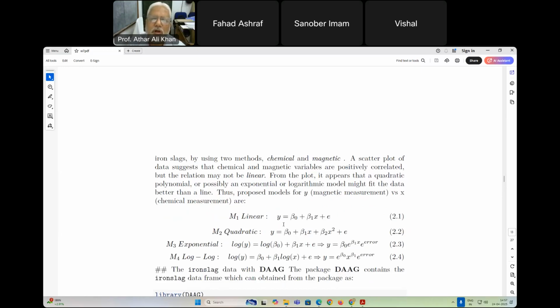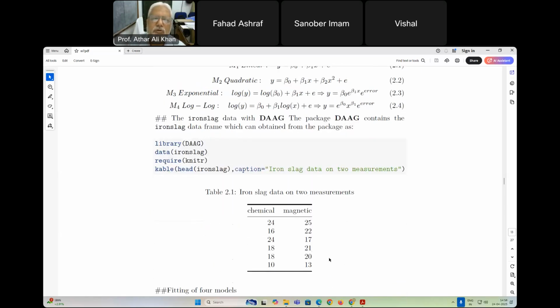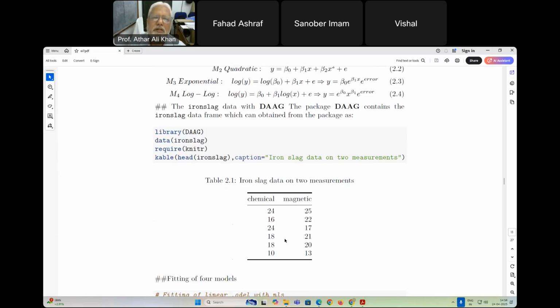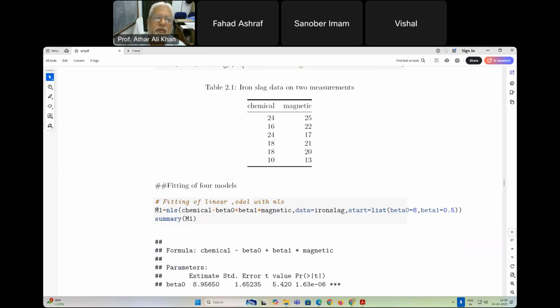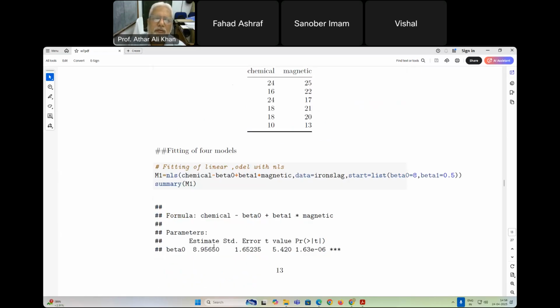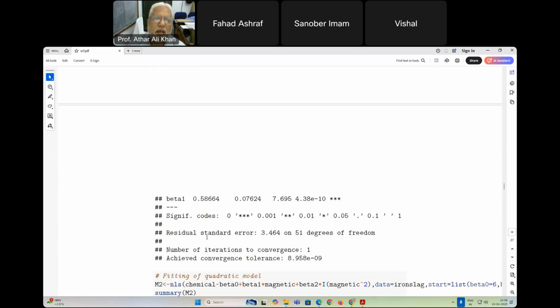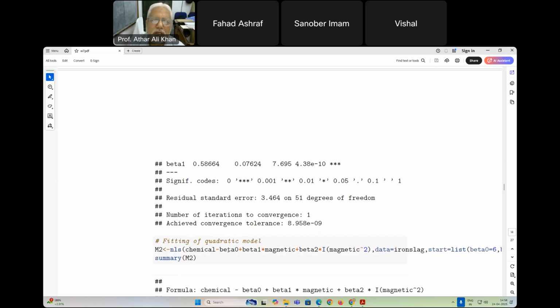M1 is the log linear model, M2 is quadratic, M3 is this nonlinear model, and M4 is also a nonlinear model. So this is the data, and we are fitting NLS of chemical versus beta naught plus beta 1 into magnetic. This is the linear model, and we are getting the result. And then we are fitting chemical versus beta naught plus beta 1 into magnetic plus beta 2 into squared magnetic.